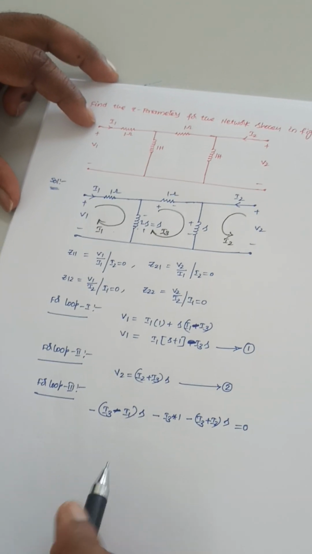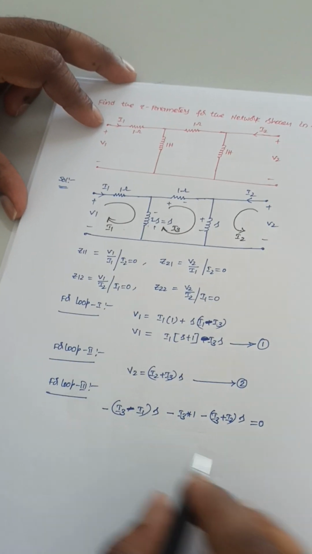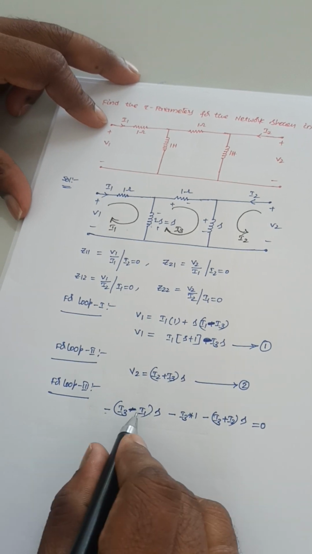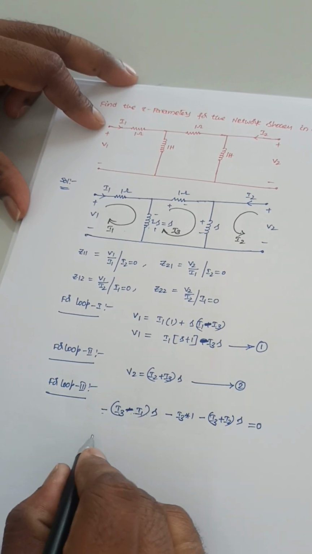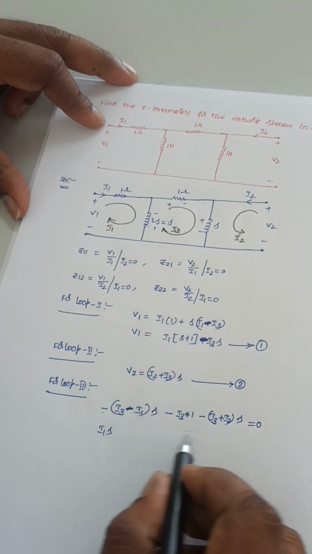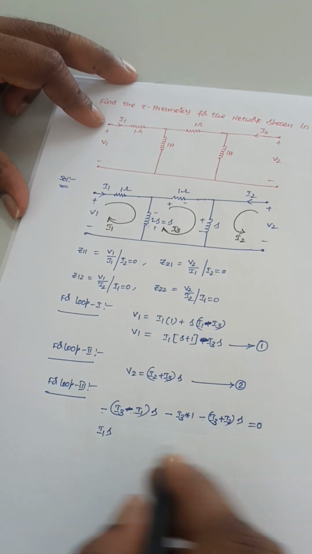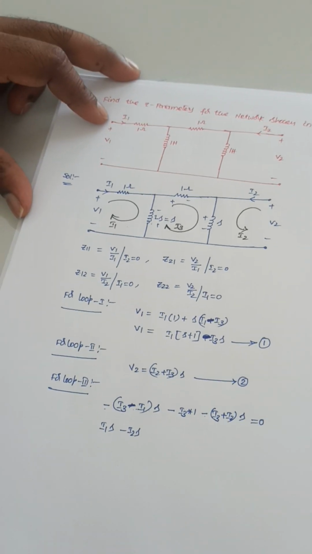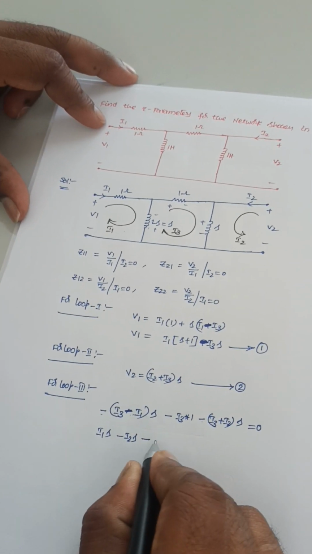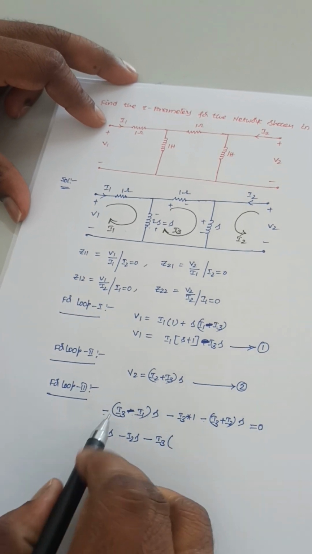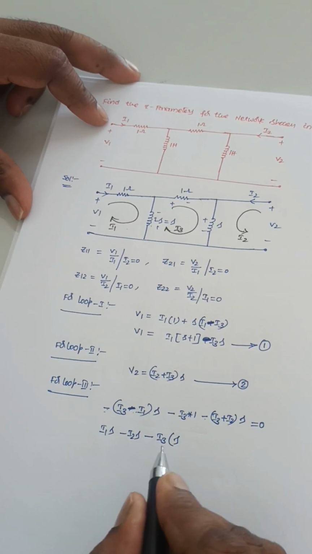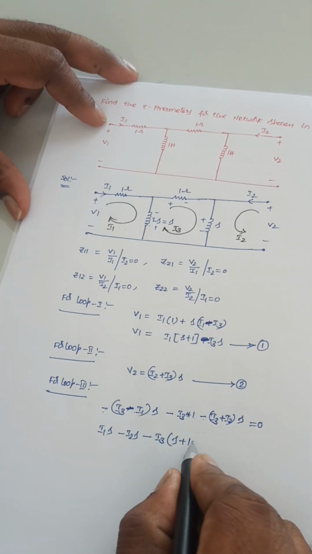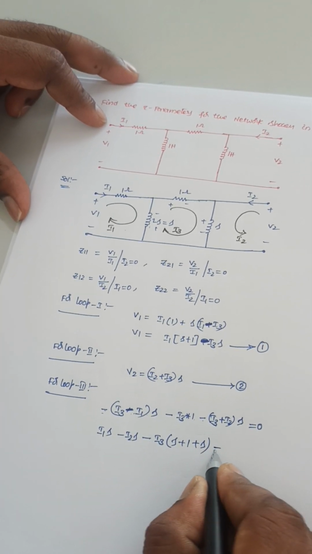If I rewrite this expression, I get I1 into, minus into minus, it is plus, so it is I1 into S. Then the S terms here, minus I2 into S. If I take minus I3 as common, it is minus I3 into S plus 1 plus S, that is equal to 0.